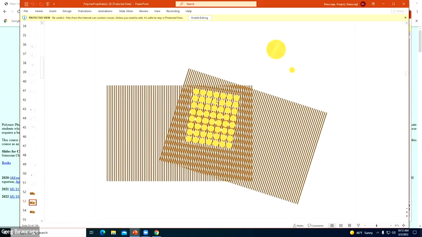Let's see, I should be able to move this thing. It's not letting me. There's something weird about this. I think I put it into some weird mode.